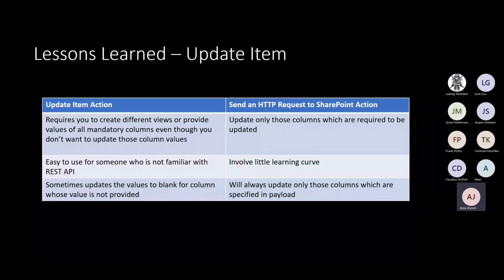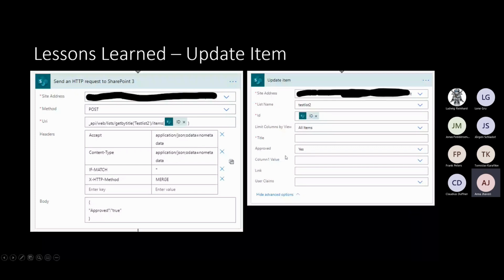So this is Update item and this is Send HTTP request. In Update item, if I want to update an item, even if I don't want to update this title value, I'll have to provide the value of the title because it is a mandatory field.